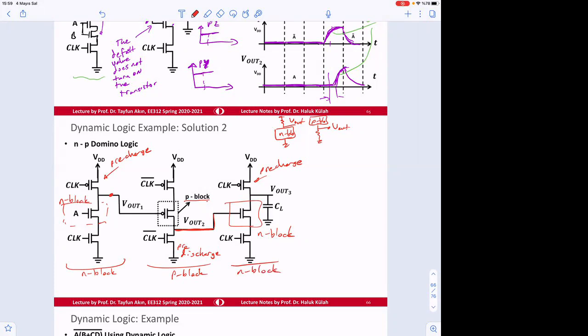So if you need to go to an N block, to drive an N block, for example, circuit forces you to make such a connection to N block from this node, then you need to put the inverter and then change your design logic accordingly to work properly.